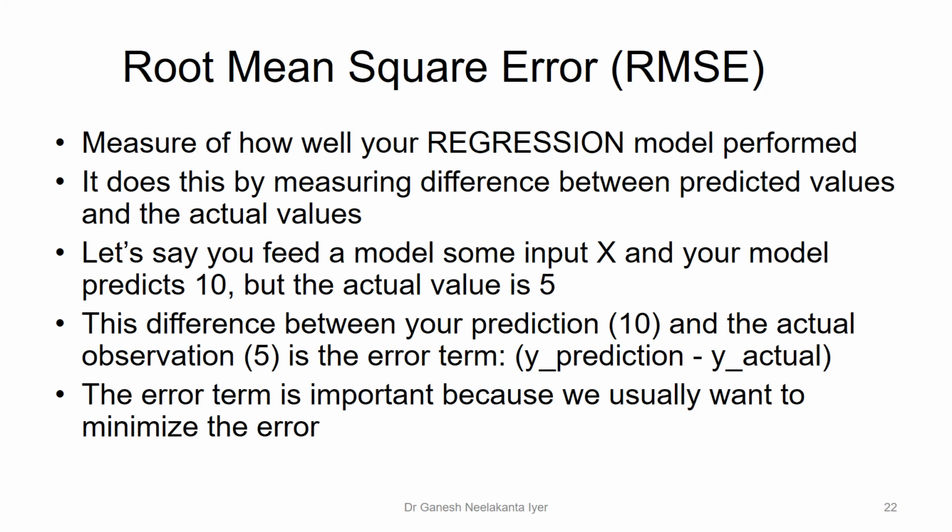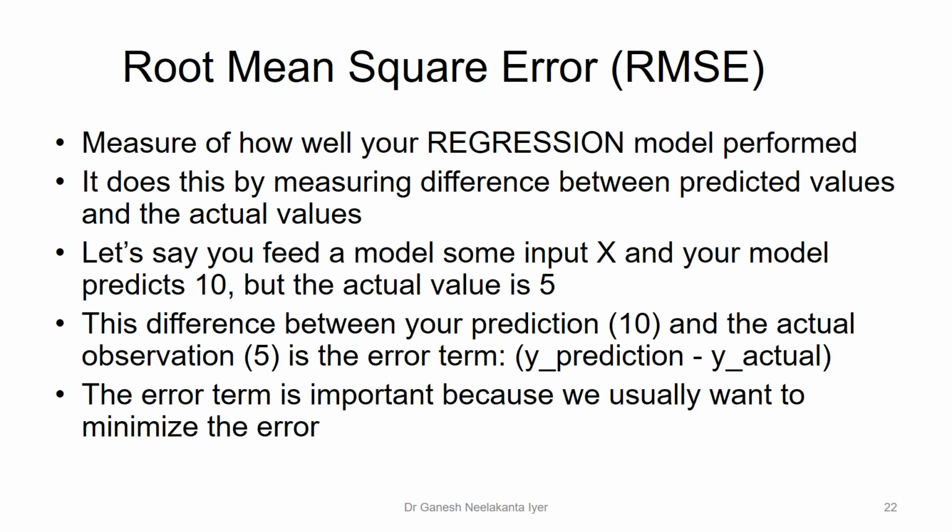Now, if you take a regression model, root mean square error is one of the very commonly used measures to identify how your model performs. It does this by measuring the difference between predicted values and actual values. Let's say you feed a model some input x and your model predicts 10, but the actual value is 5.